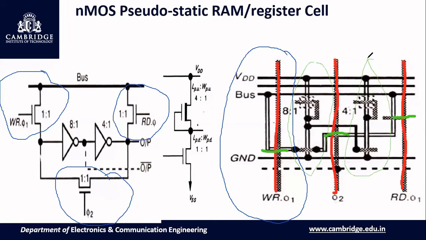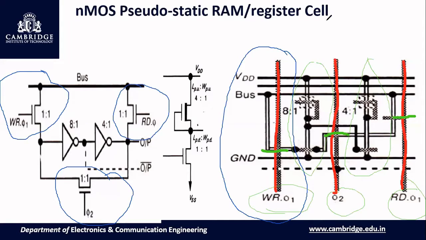So did you identify the pass transistors and the inverters? There are three pass transistors, which have control signals of WR.51, phi 2, and RD.51. There are two inverters, with ratios of 8:1 and 4:1.